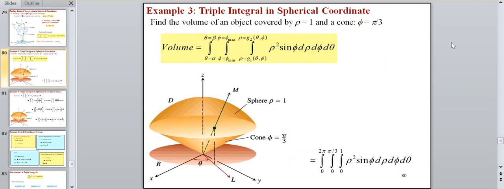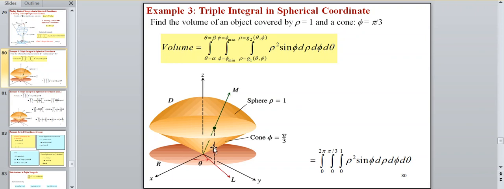We want to find the volume of an object covered by these two surfaces. You can see the equations of these two surfaces are given in spherical coordinates: rho equals 1 and the cone phi equals pi over 3. We know that rho equals 1 means a sphere centered at the origin of radius 1, and phi equals pi over 3 is a cone.